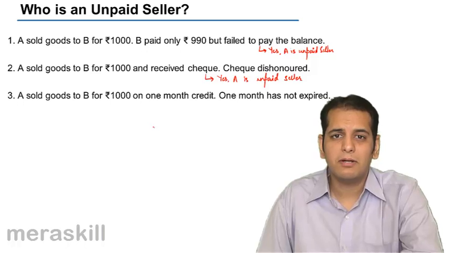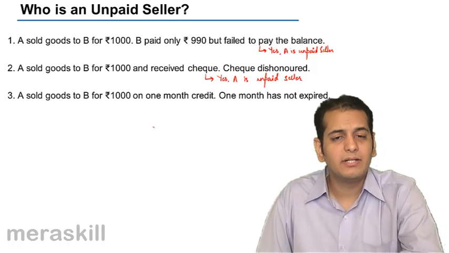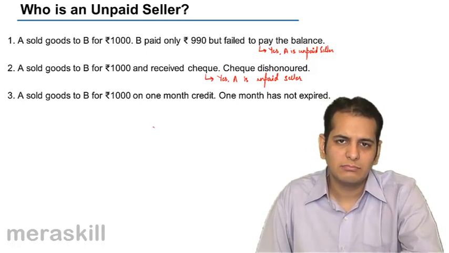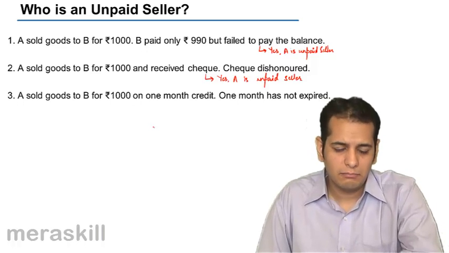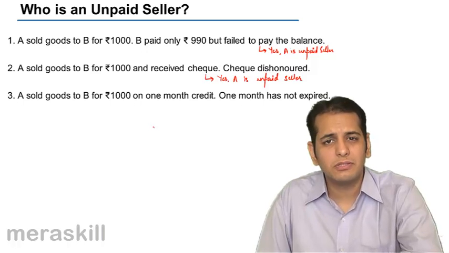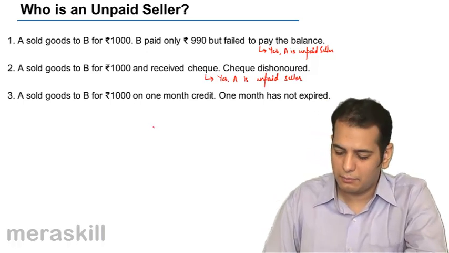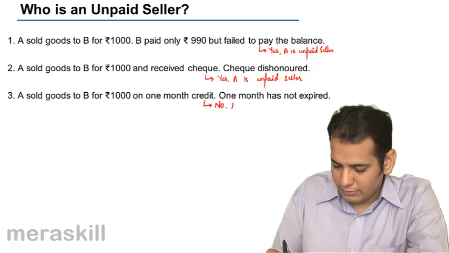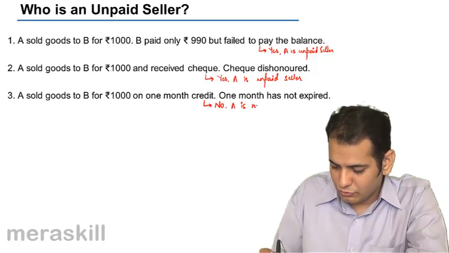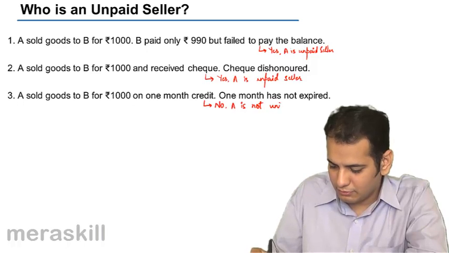If after the month expires B does not give him the payment, then we'll say that A is an unpaid seller. But till the time the month expires, we cannot say he is an unpaid seller. So the answer here will be no. A is not an unpaid seller.